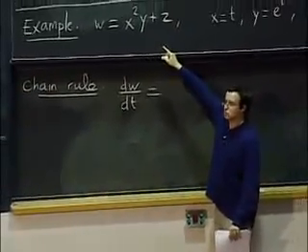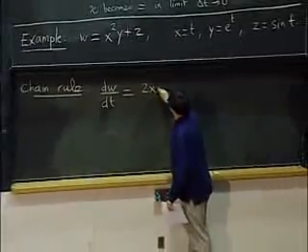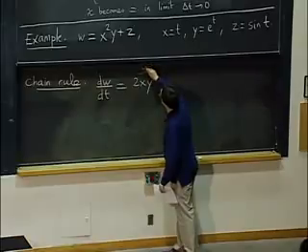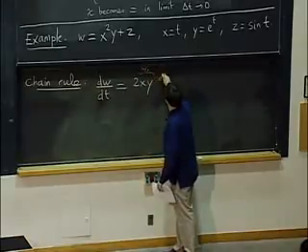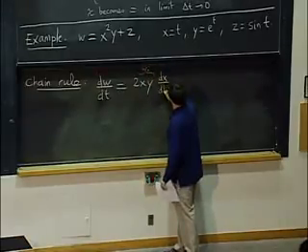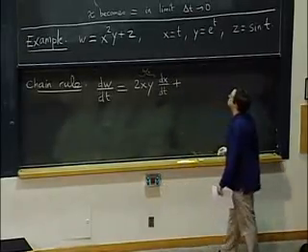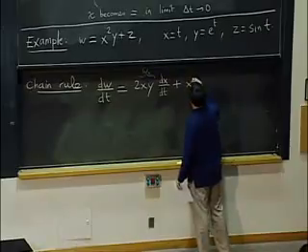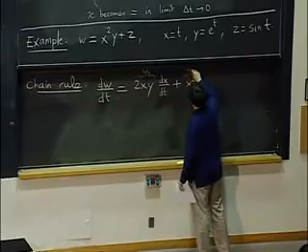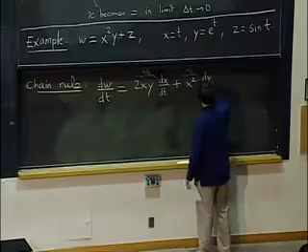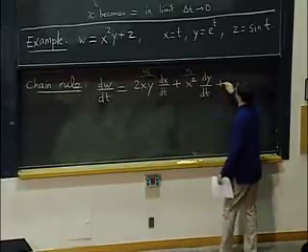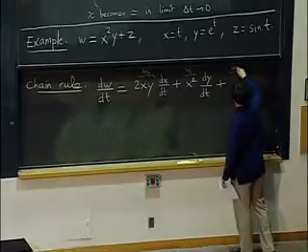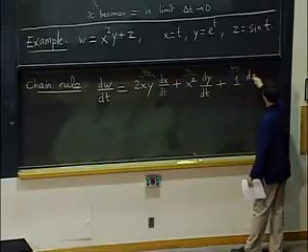That's 2xy, times, so maybe I should point out this is w sub x, times dx dt, plus, well, w sub y is x squared, times dy dt, plus w sub z, that's going to be just 1, dz dt.